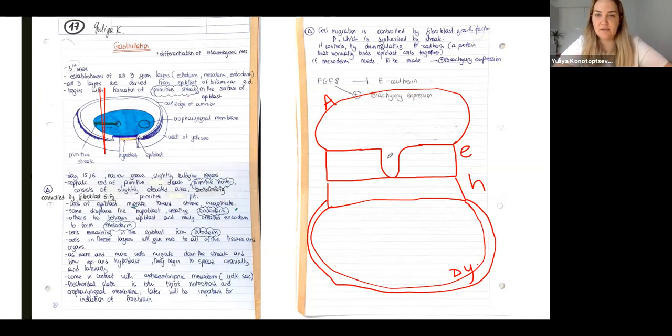So let's begin the gastrulation. Gastrulation begins when cells of the epiblast detach, migrate to the primitive streak, come through it, come to the underlying hypoblast, and, keyword, displace it. They move it away.